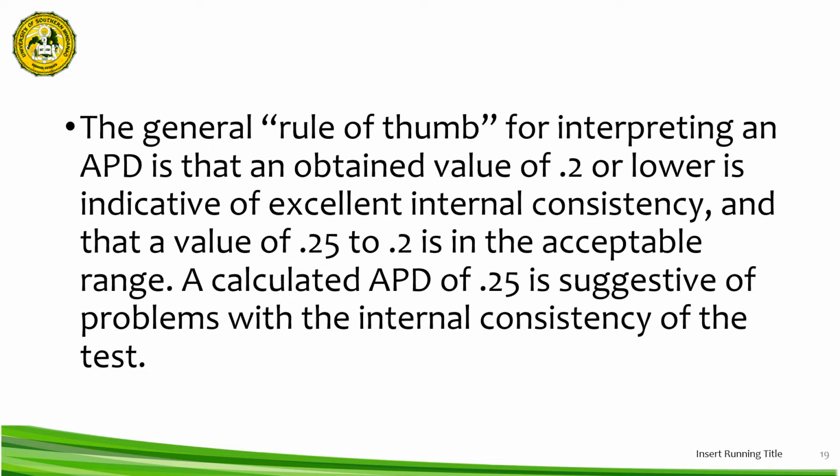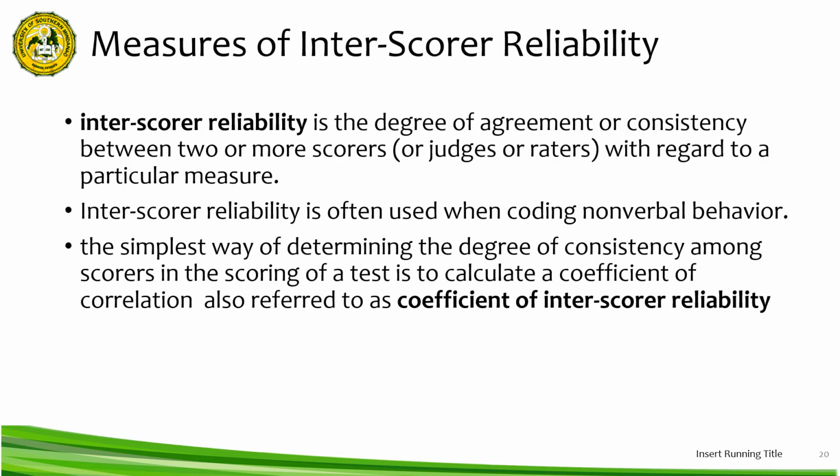So when the interval between testing is greater than 6 months, the estimate of retest reliability is often referred to as the coefficient of stability. Proceed to the measures of interscorer reliability. Interscorer reliability is the degree of agreement or consistency between two or more scorers or judges or raters with regard to a particular measure.